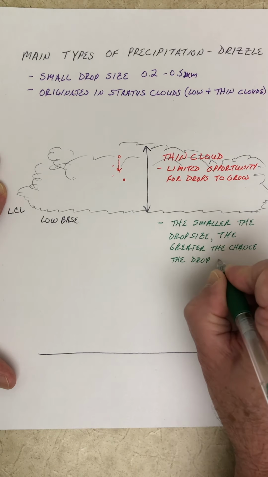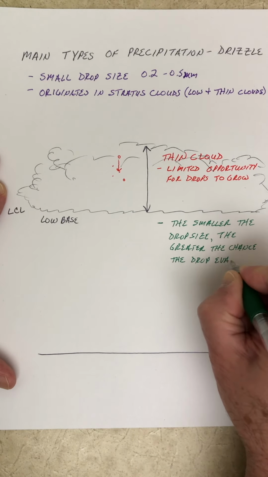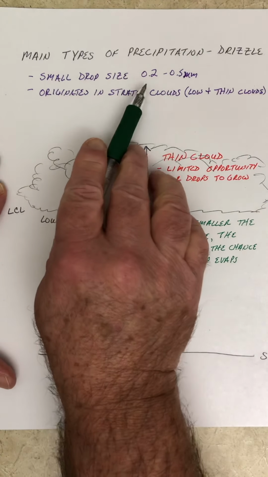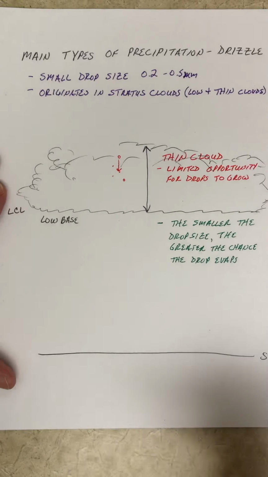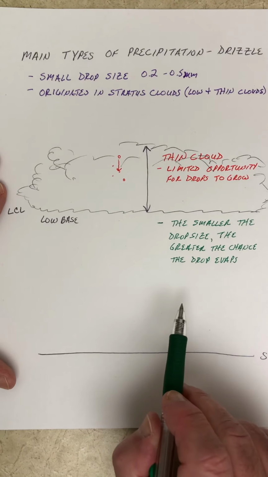Okay, so if we're looking at droplet sizes of 0.2 of a millimeter, those are pretty small. Those have a greater opportunity for evaporation.